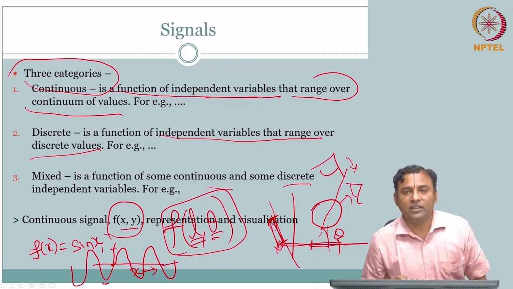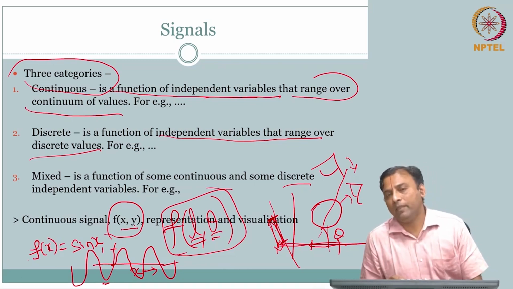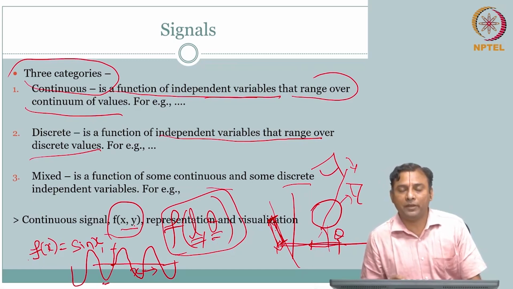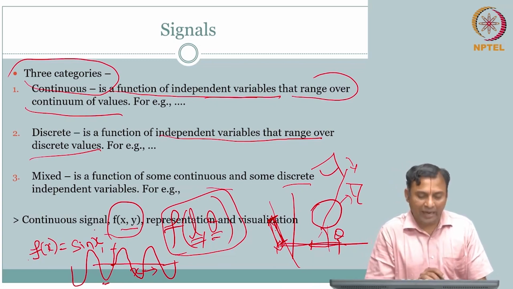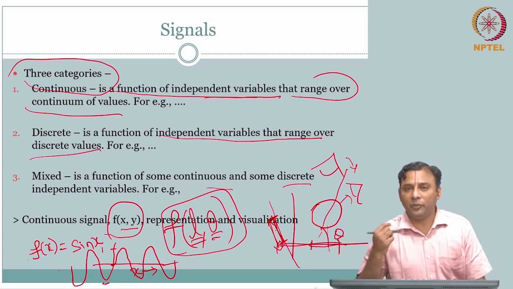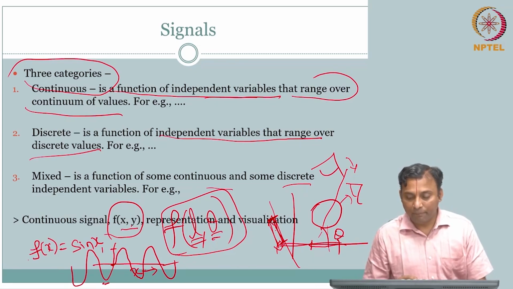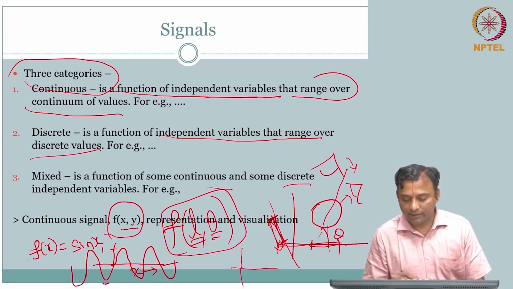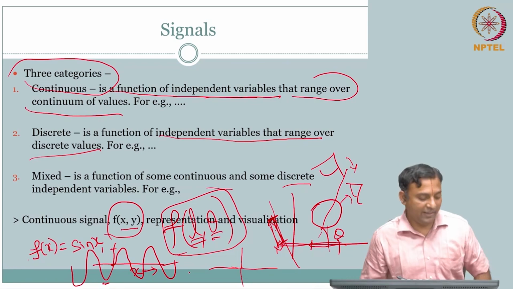So that means going forward, if I have f of x comma y, what would you expect? How do you represent it? How do you visualize it? What do you think? If we paid attention to this part, then quickly we'll recall that f of x comma y better have x and y as 2 axes, and then you have to have a third dimension for the values. Clear?